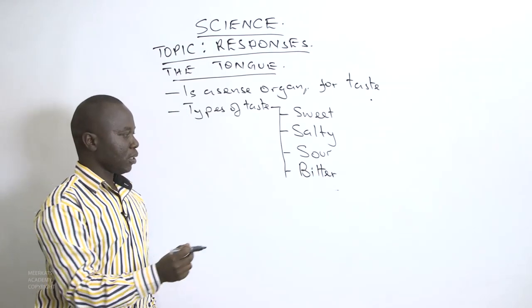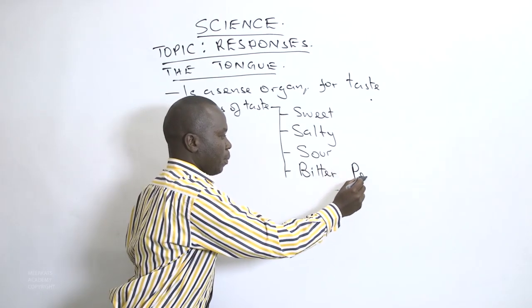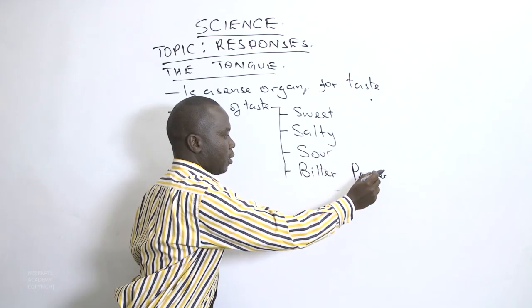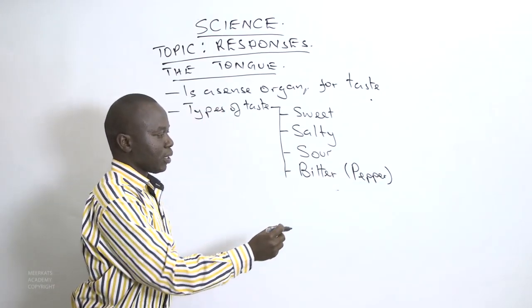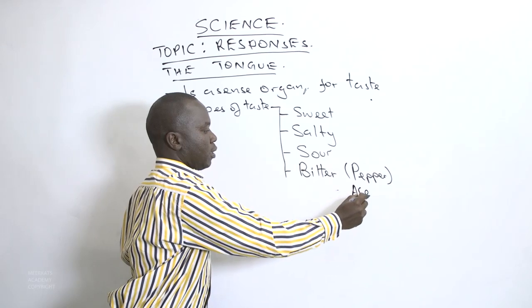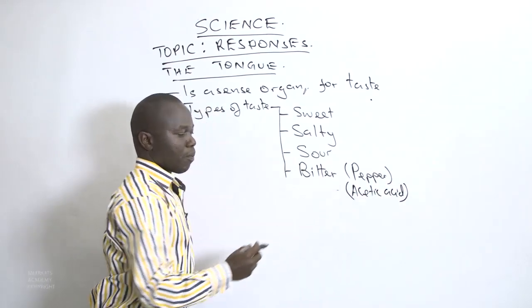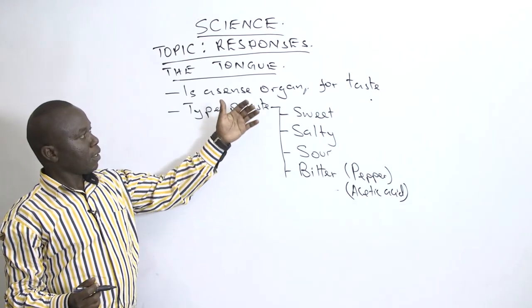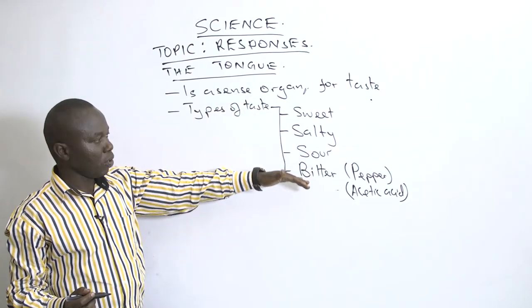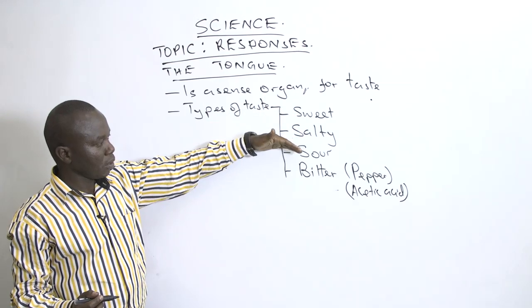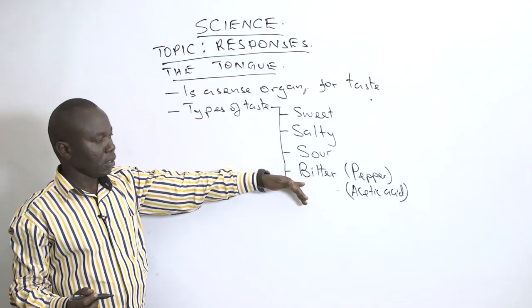Bitter, for instance, pepper. We know that pepper is bitter, or acetic acid. So I'm saying the tongue is able to taste all these: sweet, salty, sour, bitter taste.